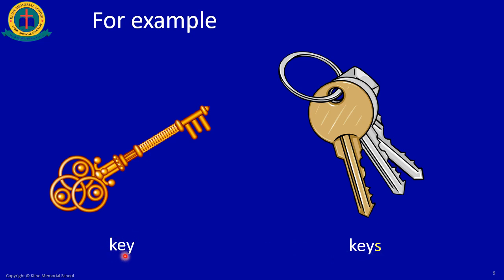To make the word key into its plural form, we just write S at the end because before the letter Y there is a vowel sound E. Therefore, we just write S to make it plural.